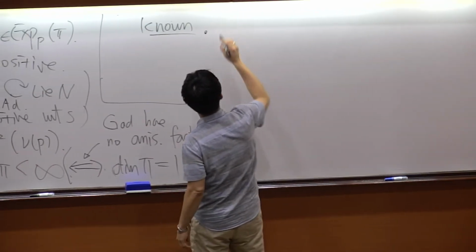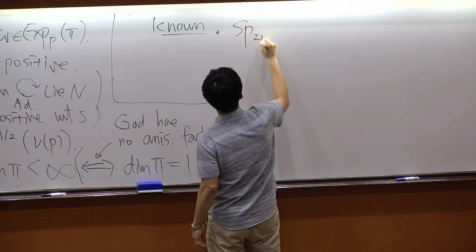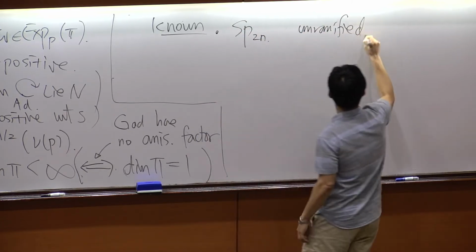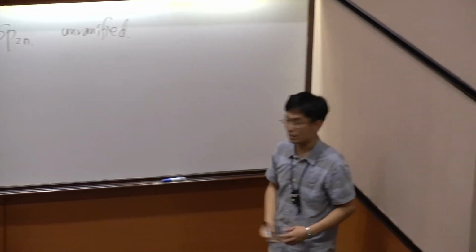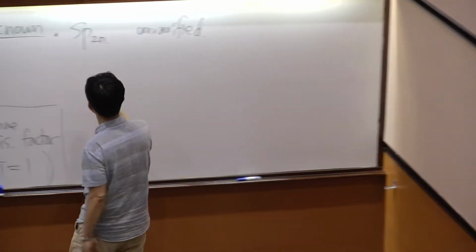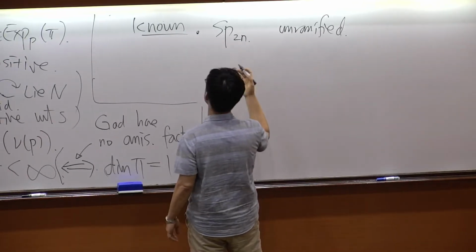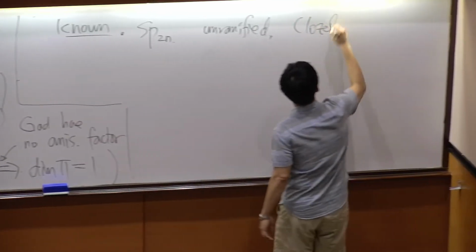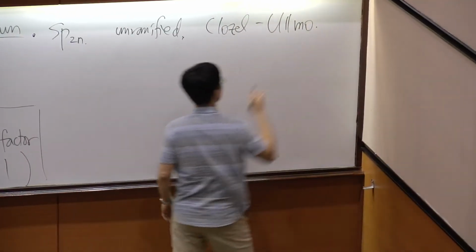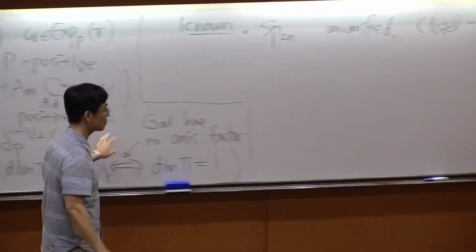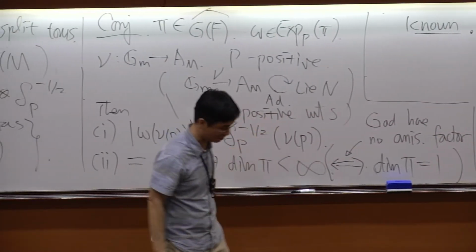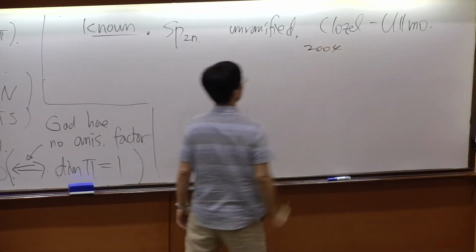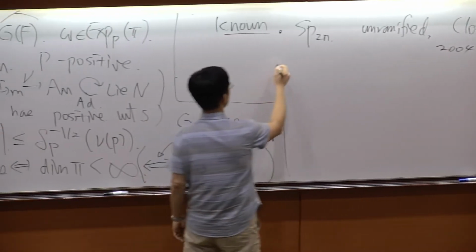So if I have Sp2n and unramified, then, motivated by some application to the Hecke orbit conjecture, well, Hecke equidistribution conjecture, I think Clozel and Ullmo proved a rephrasing of this thing, in a paper published in 2004.